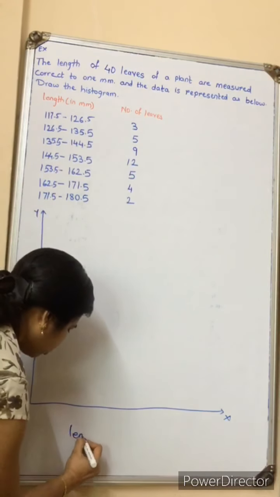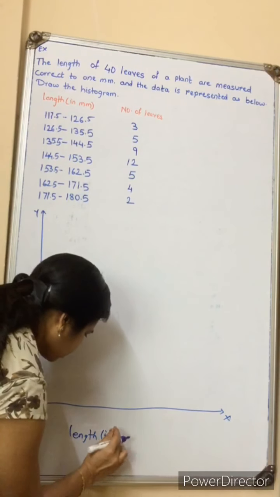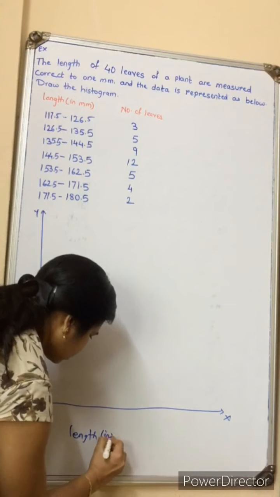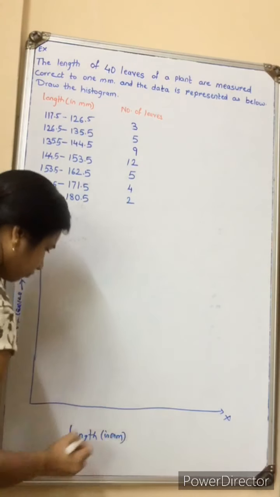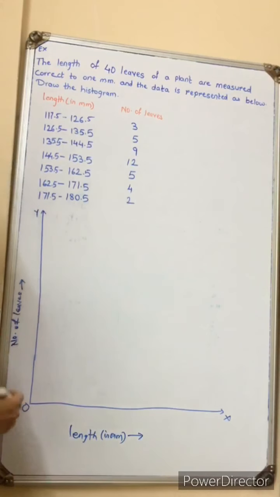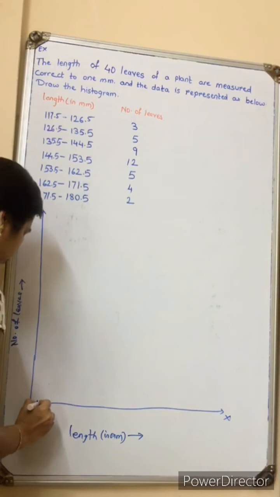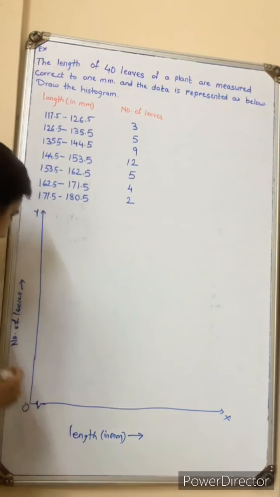O is for origin, and here we start with 117.5, so a break is there.